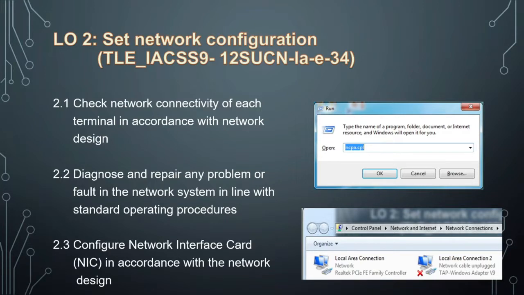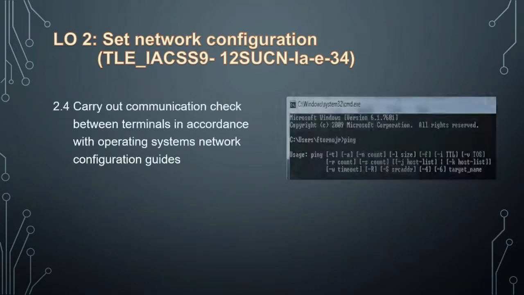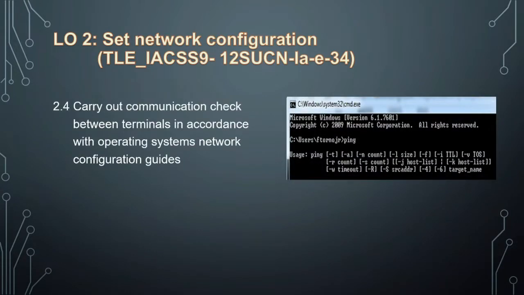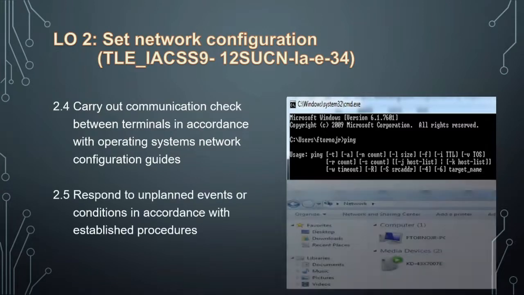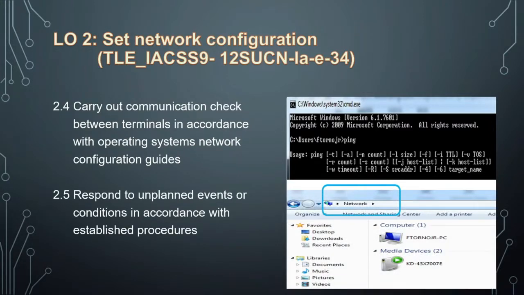Third, configure network interface card or NIC in accordance with the network design. Fourth, carry out communication check between terminals in accordance with operating system's network configuration guides. Lastly, you will be able to respond to unplanned events or conditions in accordance with established procedures.